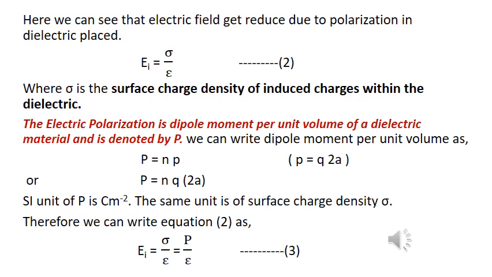Here N is the total number of molecules in dipole and p is the dipole moment of each molecule within the dielectric, which is equal to Q into 2a. And the unit of P is coulomb per meter square, and this is the same unit as surface charge density, sigma. Therefore, we can write the electric field induced within the dielectric is equal to P by epsilon.